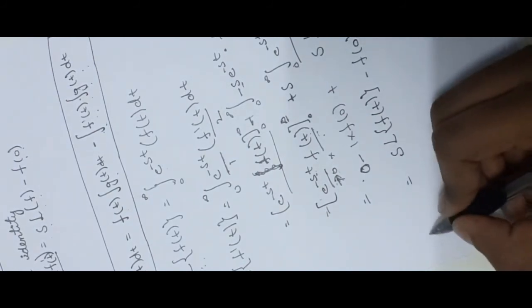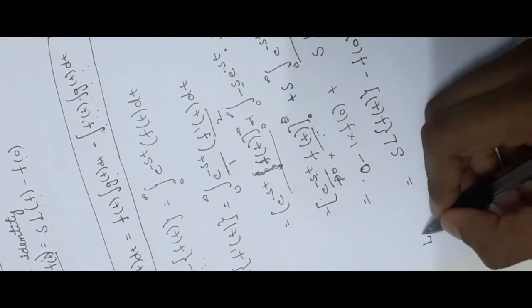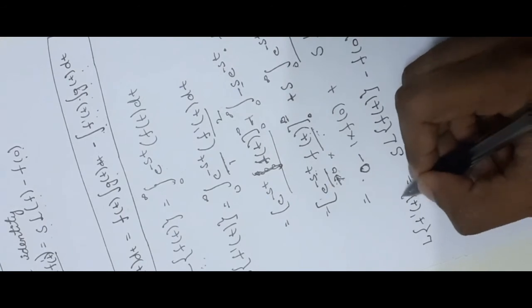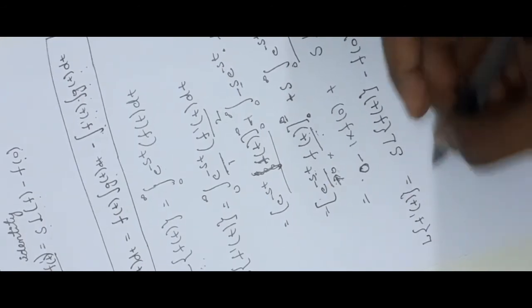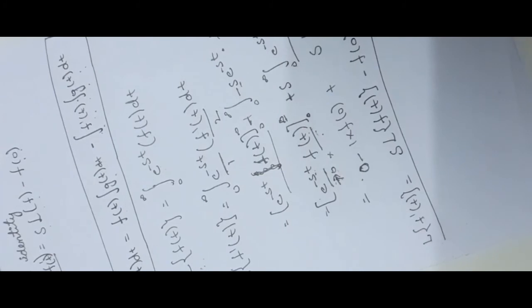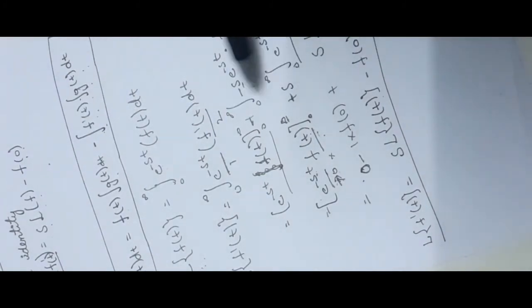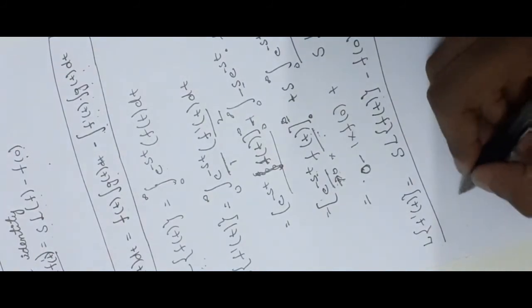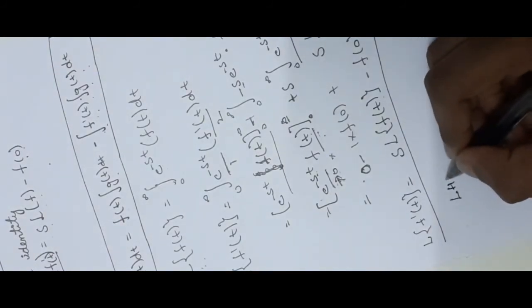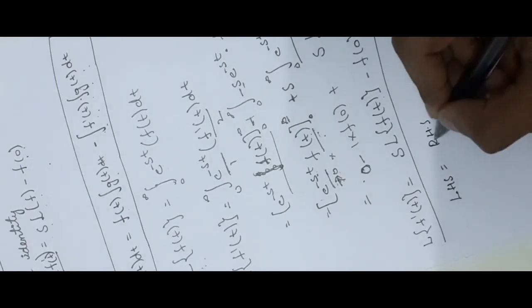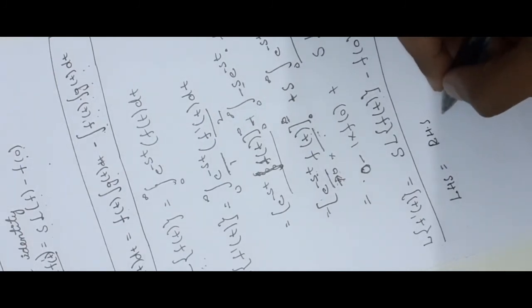So all equations start with finding the Laplace of f dash of t. This is what we were asked to find, right? s into Laplace of f of t minus f of 0. So we have proved LHS equal to RHS. Thus we proved this identity.